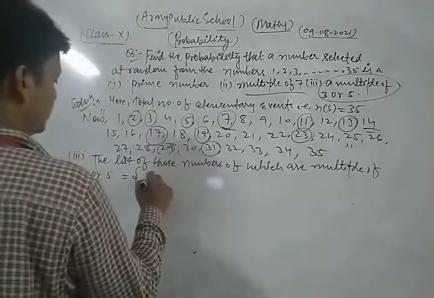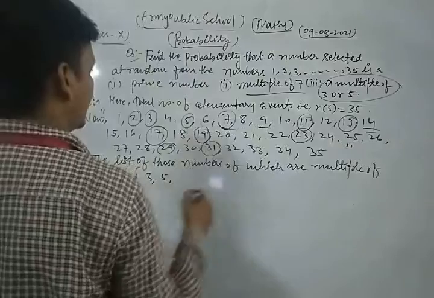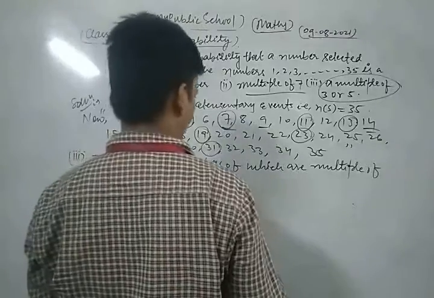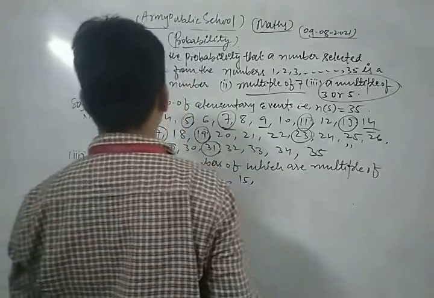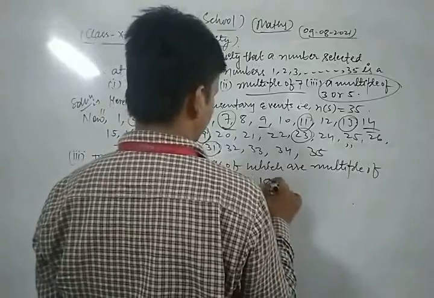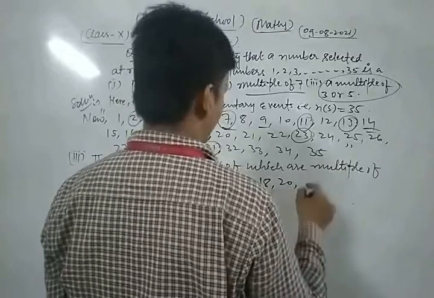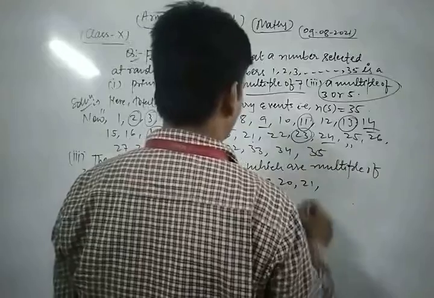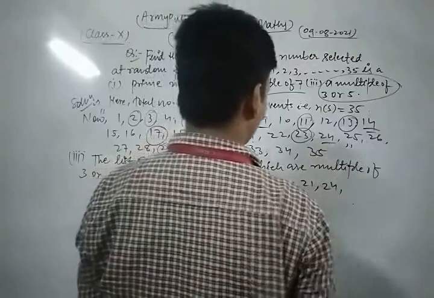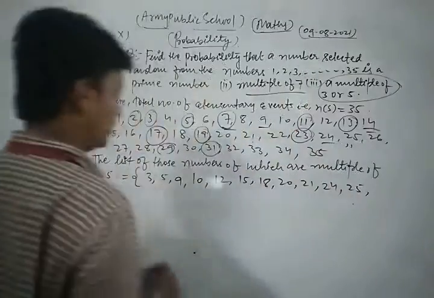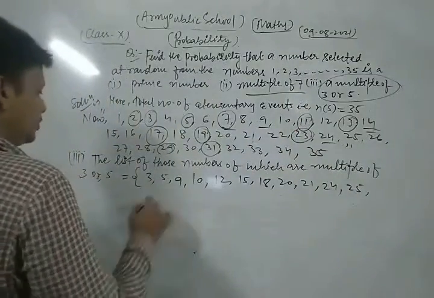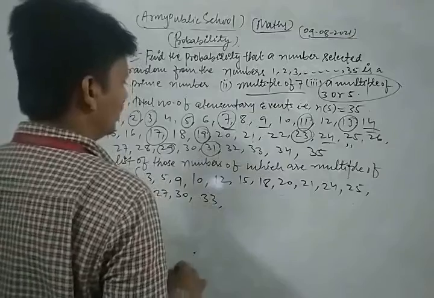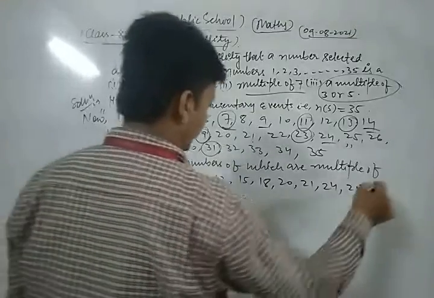So the numbers are 3, 5, 9, 10, 12, 15 is common, 18, 20, 21, okay, now 24, this is now 25, now 27, now 30, now 33, now 35.